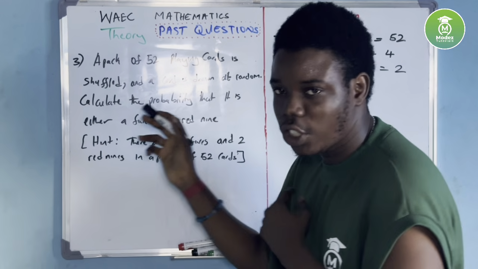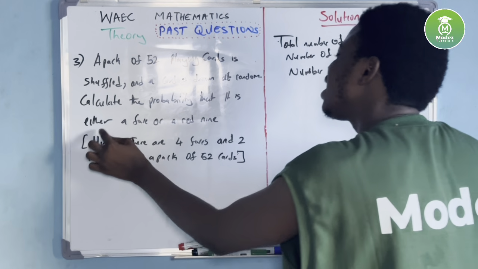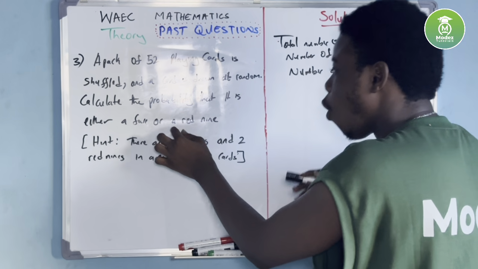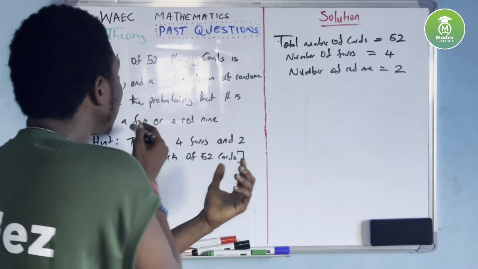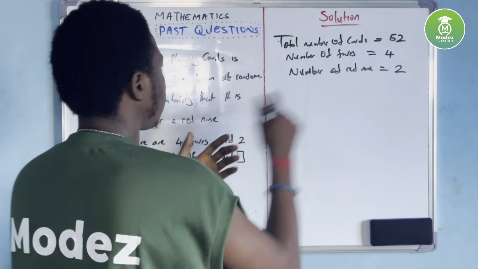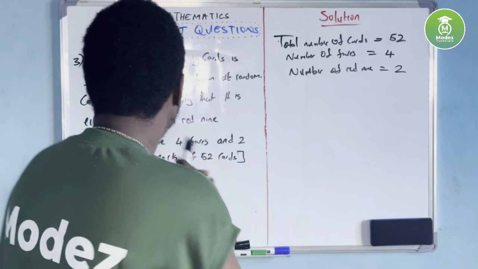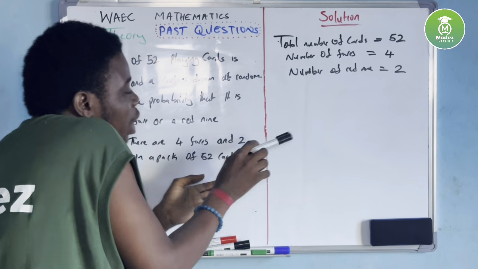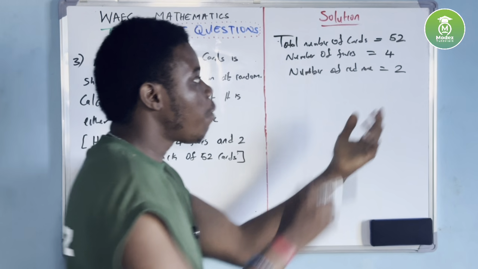Now let's go back to the question again. The question says, calculate the probability that it is either a 5 or a red 9. Now, if you are to calculate the probability of getting only 5, it will be 4 over 52. But if you are to calculate the probability of getting only red 9, it will be 2 over 52.